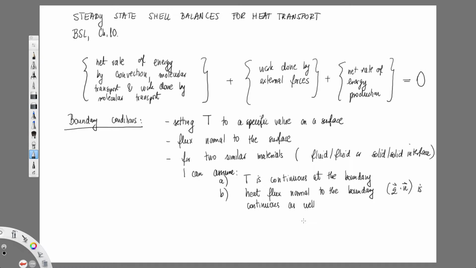If I have two materials that have vastly different thermal conductivity, for instance different by an order of magnitude, so for a fluid-solid boundary, I can assume that I have the temperature of the solid and the temperature of the fluid, and they don't have time to instantaneously equilibrate.